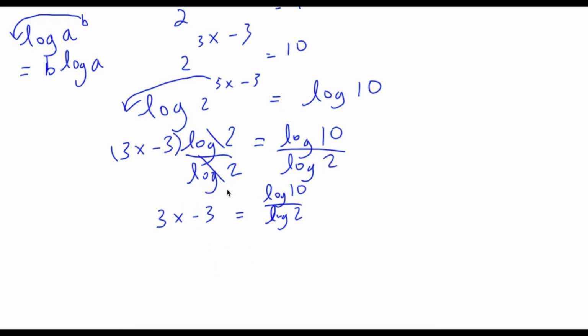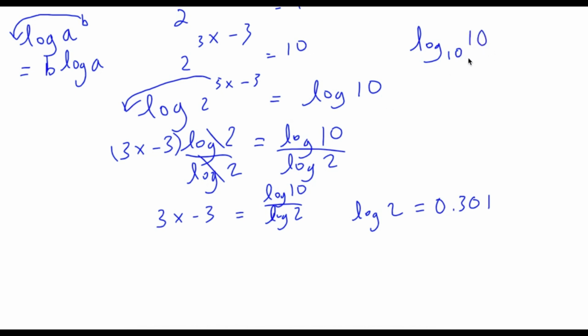Now, the value of log 2 is equal to 0.301. And log 10 is the same thing as 1, because any logarithm always has a base of 10. So this is the same thing as log base 10 of 10.